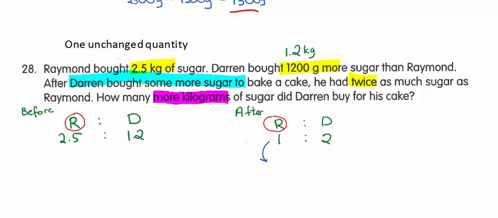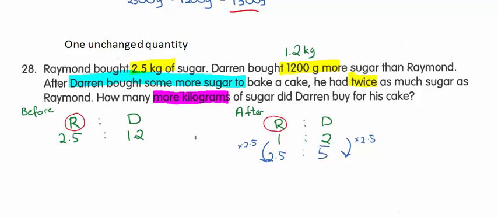I need to make it to 2.5, so I multiply by 2.5, and I need to do the same for both sides. So this is 5. Sorry, it's not 2.5. 2 times 2.5. Oh, sorry, yes, it's correct, it's 5. Apologies for that. Where's my pen? Okay, here it is. 5.